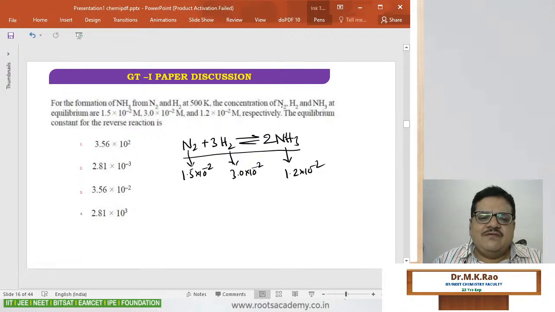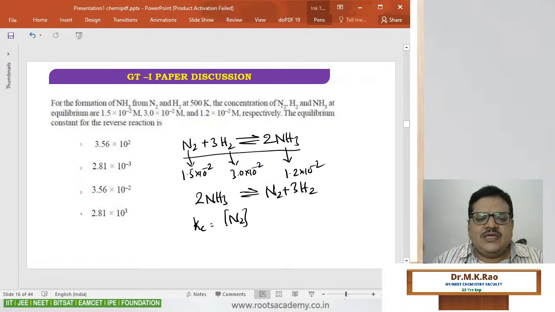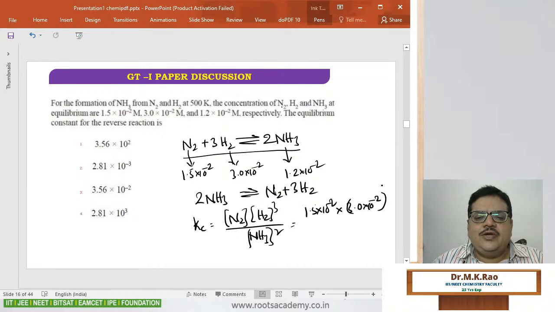Now they are asking for the reverse reaction, meaning 2 mole of NH3 equilibrates N2 gas plus 3 mole of H2 gas. Now Kc is equal to N2 gas into H2 gas whole power 3 whole by ammonia gas power 2. Substitute the values: 1.5 into 10 power minus 2 into 3.0 into 10 power minus 2 whole cube, whole by 1.2 into 10 power minus 2 whole square.